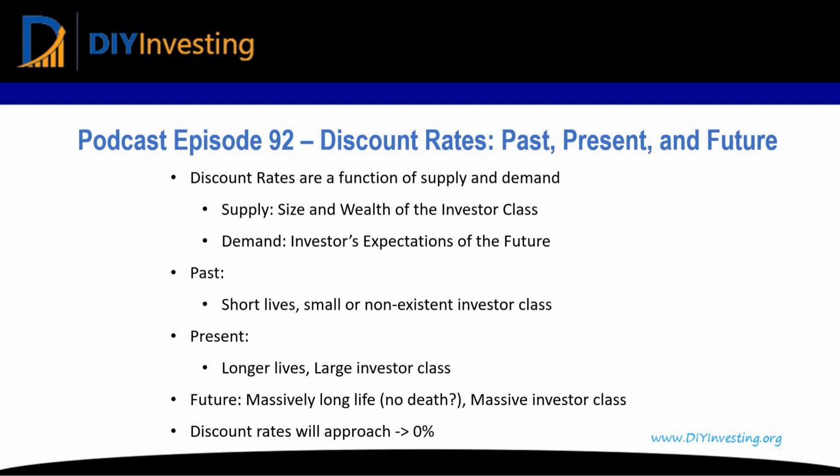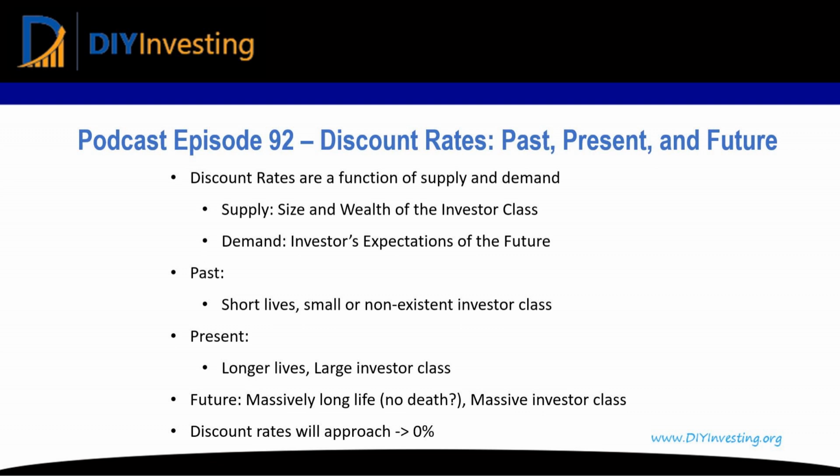Now, why are your discount rates going to be high? What is it that would cause your discount rate in 1500 to be higher than the discount rate of 10% today? The reason is that what a discount rate is doing is it is discounting the future back to the present. Now, why would we do that?